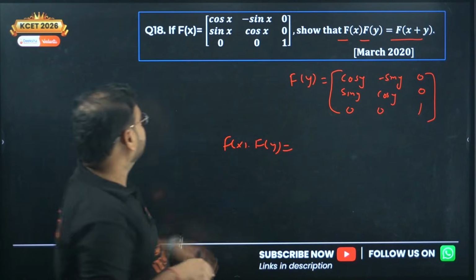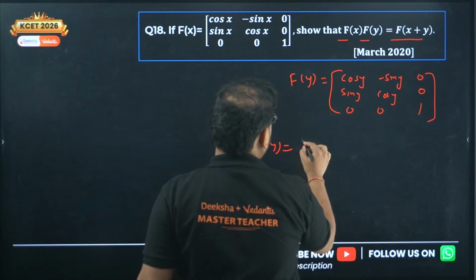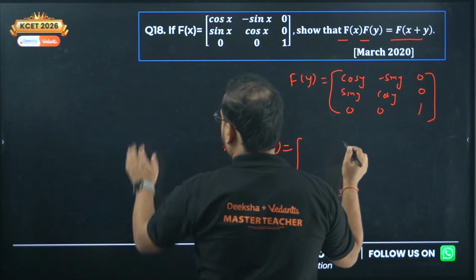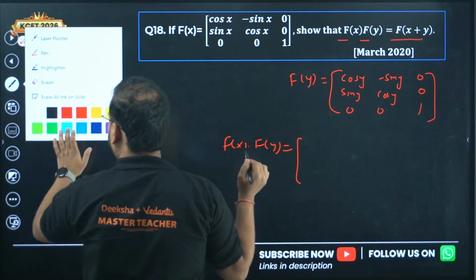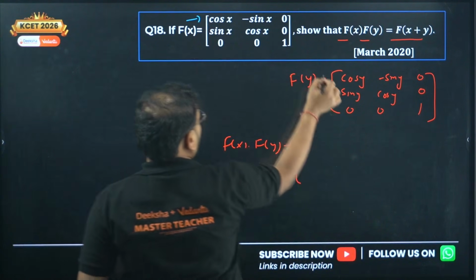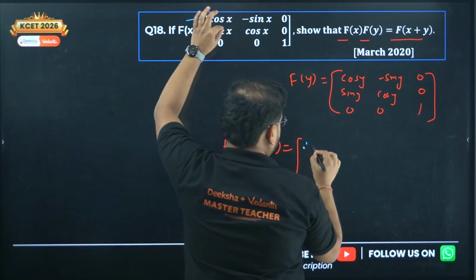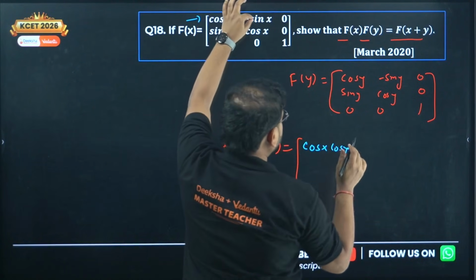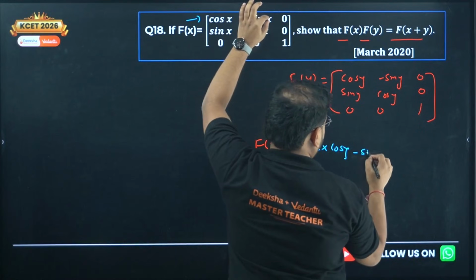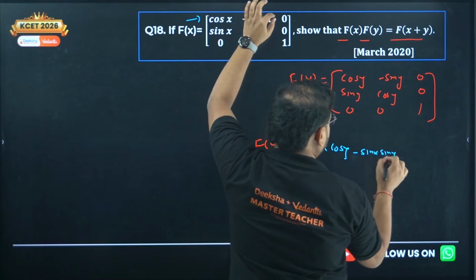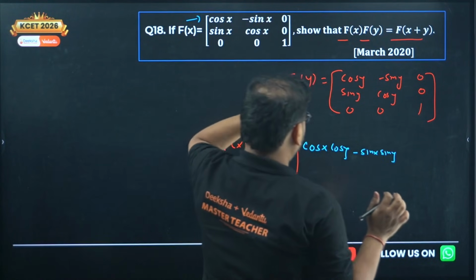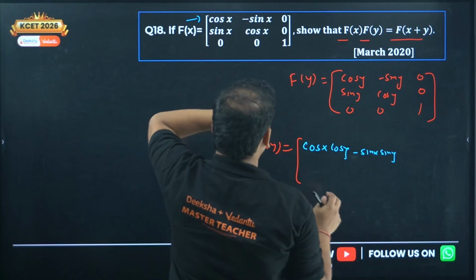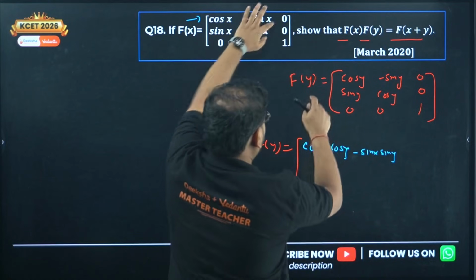Alright, no problem. If you multiply this, what are you going to get? Check. I'll not write it all, I'll just write directly. Row to column. Cos x cos y, first term, minus sin x sin y, this is my second term. Now last term, check, same way, 0 into 0 will be gone.